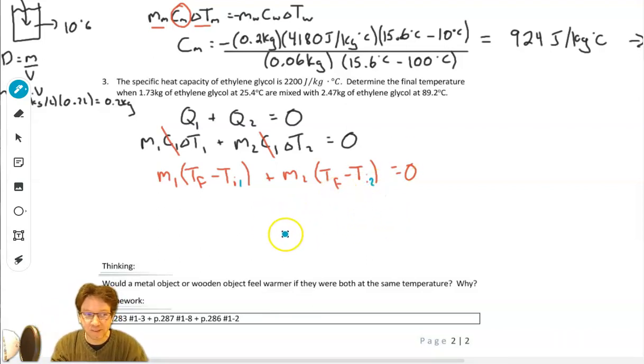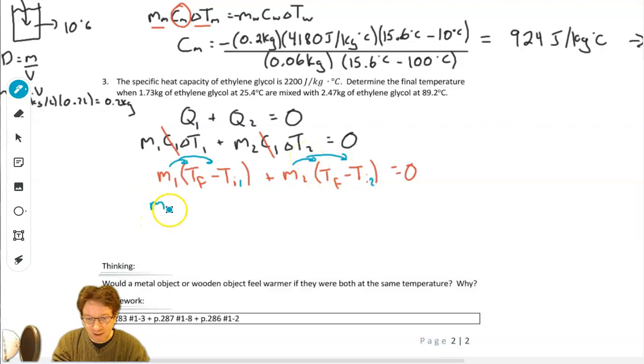You can always throw in whatever subscripts you want. There's no rule for what subscripts you use. Just to make sure you remind yourself these are different values. But the TF is the same, and that's what I'm trying to solve for. So right now I have to try and solve for TF. So I'm going to expand each and just distribute the masses into those brackets, like so.